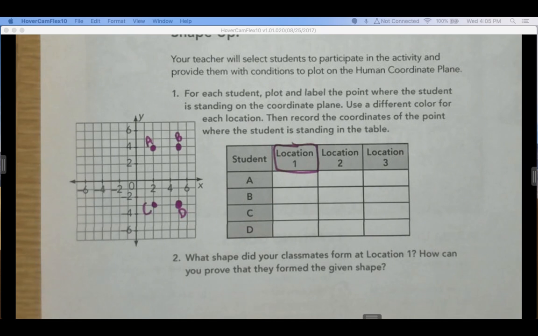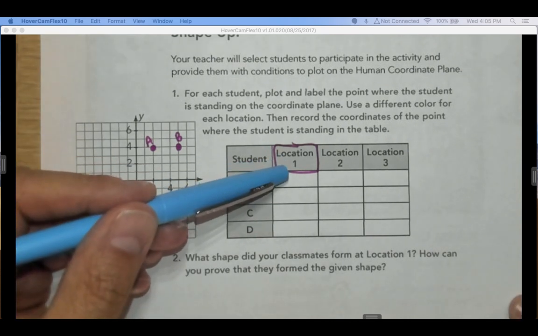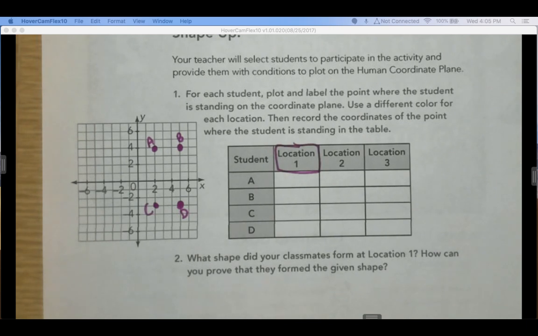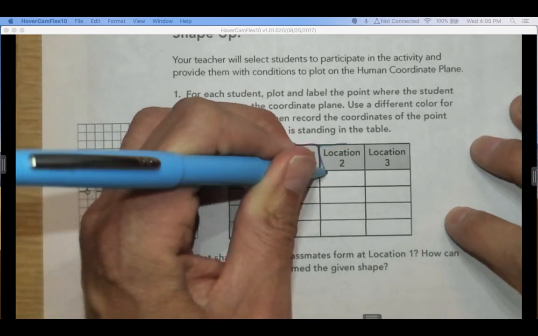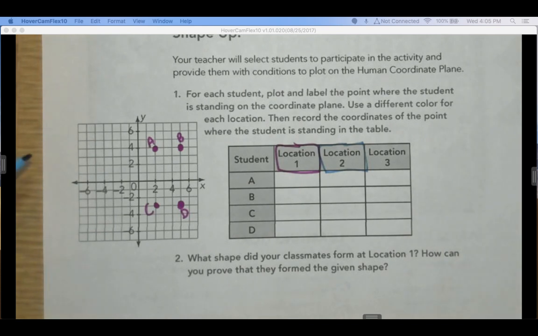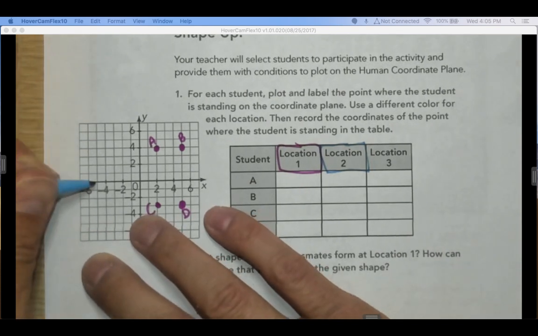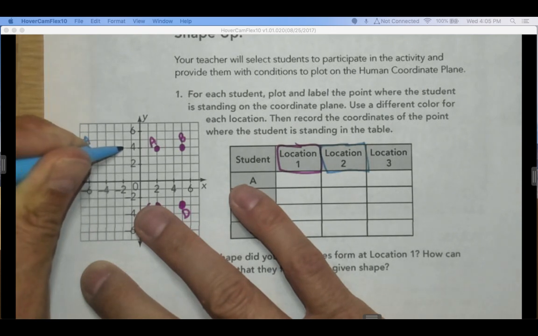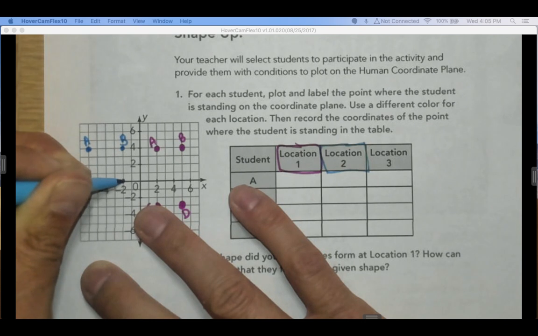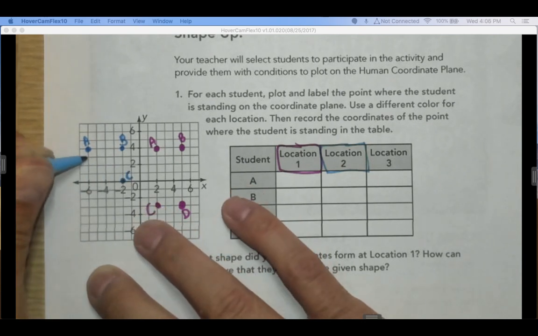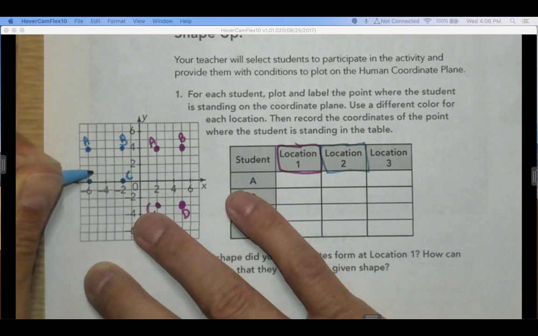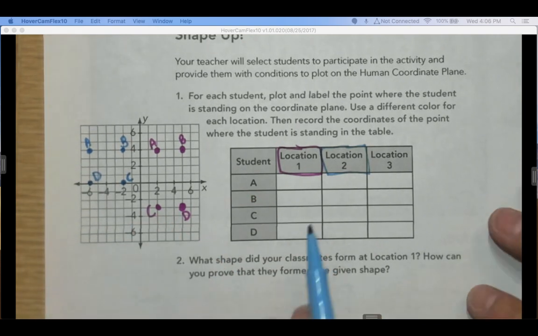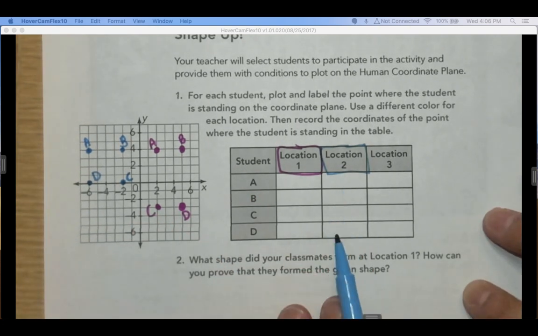You should pause this and put the points in for location 1. For location 2, we're going to have the points A, B, C, and D. The blue ones are going here, and you're putting the coordinates in for that one.